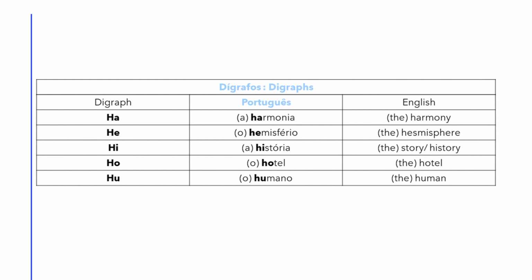A história, the story or the history. It's actually both the same. O hotel, the hotel. O humano, the human. And remember that in Portuguese, the H is not pronounced.